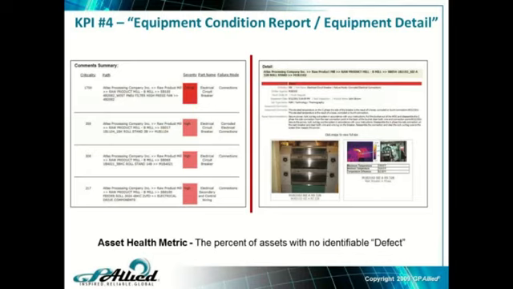KPI number 4, equipment condition to equipment detail. Now I've taken this equipment condition report, I'm looking at the most critical problem that I'm having, and then I'm looking at the specifics about it. What is the problem? You don't have to have a formal root cause analysis process to determine the cause of this problem.